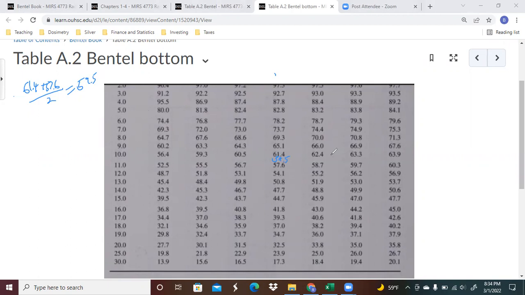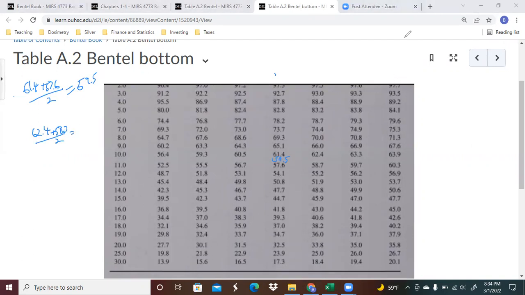We do the same process over here for these two values in the 15 column. We've got 62.4 plus 58.7, and we're going to cut that in half.